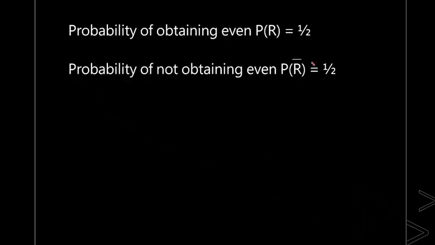Not obtaining even is also half probability. So when I add both the probabilities, what will be the result? 1 by 2 plus 1 by 2, which is 1. Okay. So remember this, probability of requirement plus probability of not requirement. When you add both the probabilities, your answer will be 1.